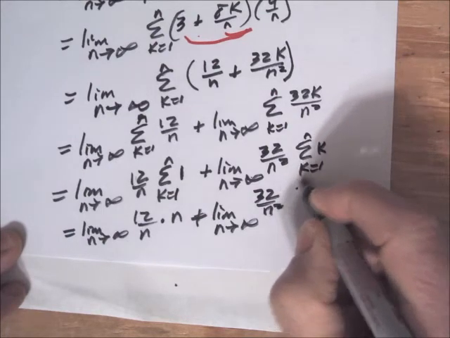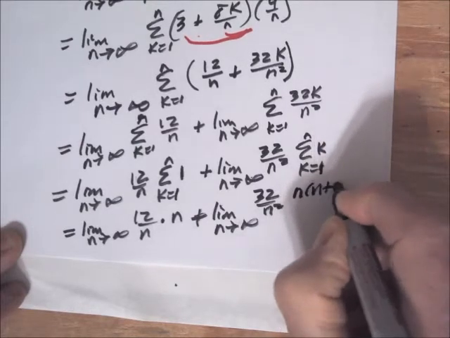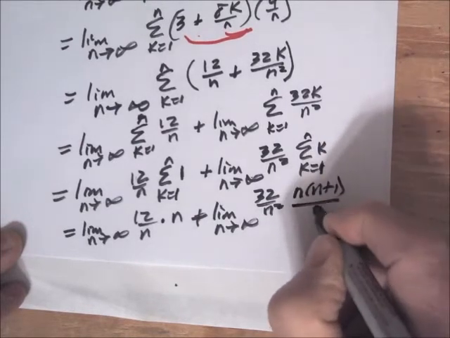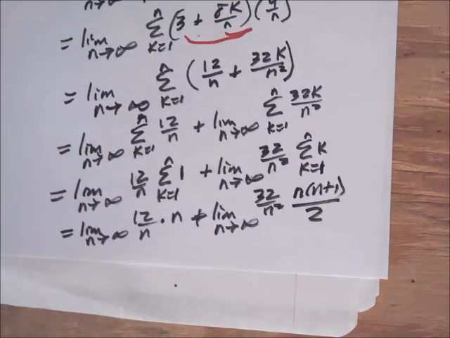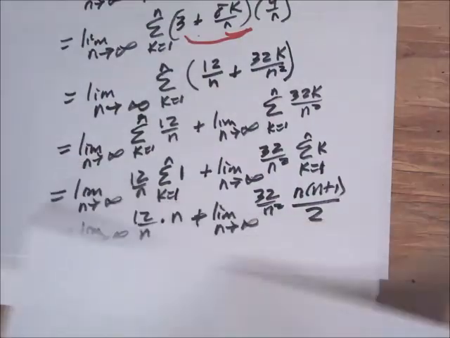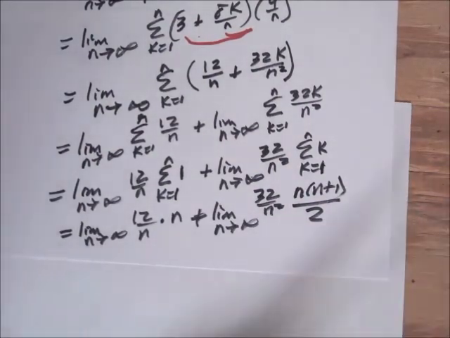The summation k equals 1 to n of k is n times (n plus 1) over 2. Okay, the n's will cancel here.